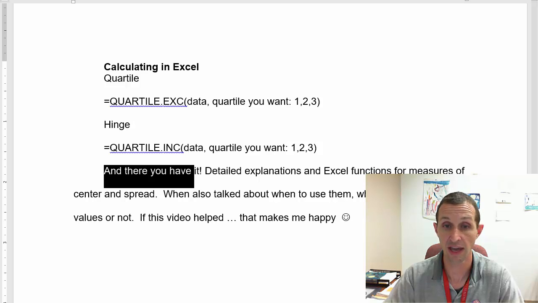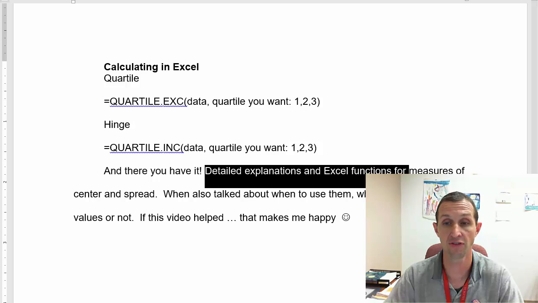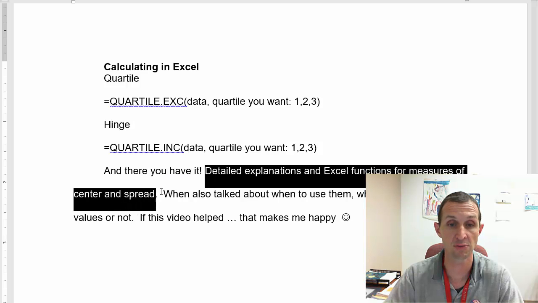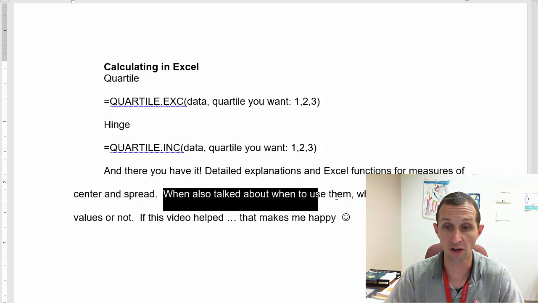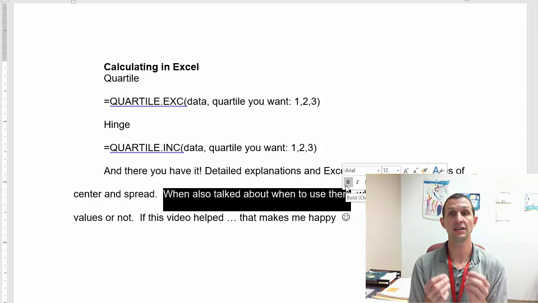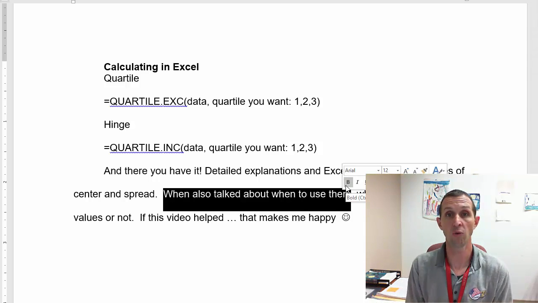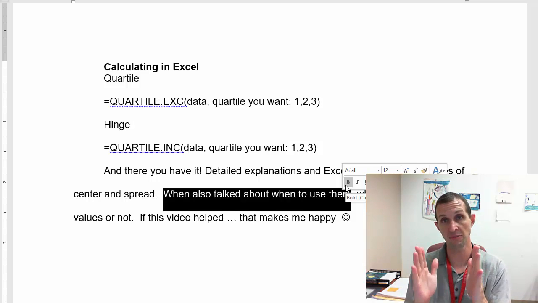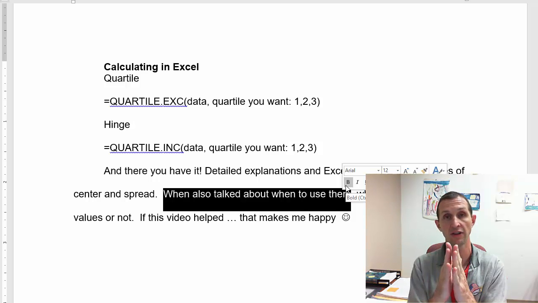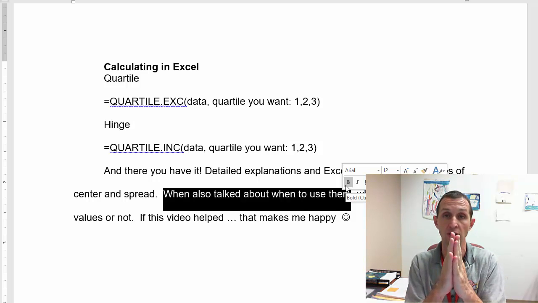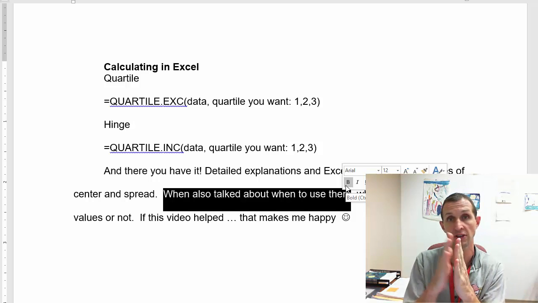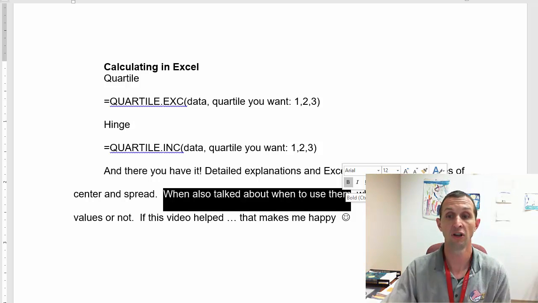And so there you have it, right? Detailed explanations and Excel functions for measures of center and spread. And so we talked about when to use them. Mean and standard deviation are for when you don't have any extreme values. And you can tell that when the mean and the median are fairly close together. If the mean and the median are fairly close together, that means no extreme value is pulling the mean one direction or the other, right?